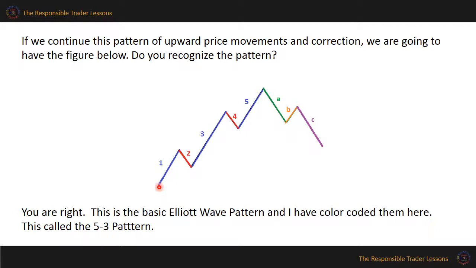If you continue this pattern of upward price movements and correction, we're going to have this figure. Do you recognize the pattern? You're right. This is the basic Elliott Wave pattern, and I have color-coded them here. This is called the 5-3 pattern.